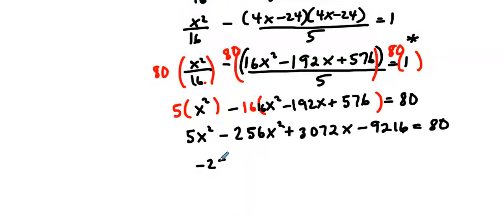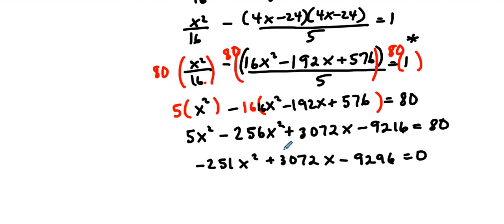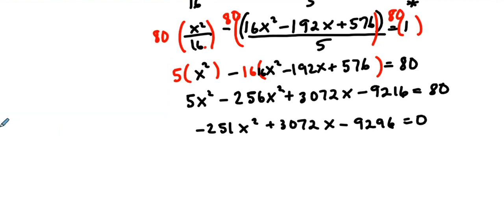Okay, so we combine like terms, and we have our quadratic equation. You can try to find a common factor if you wanted to simplify it. If not, we can go straight into the quadratic equation.